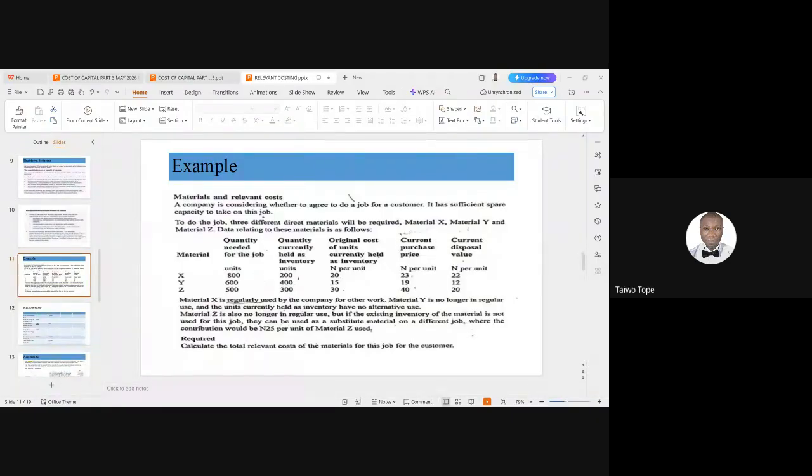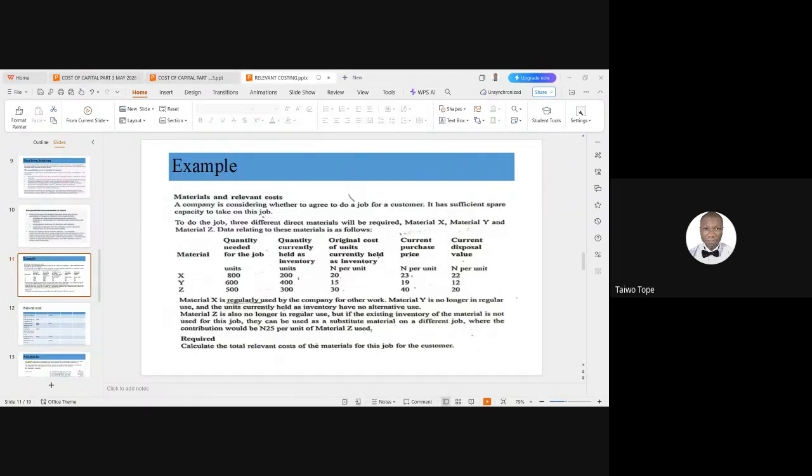Once you see this statement, material Y is no longer in regular use. The units currently held as inventory have no alternative use. What is that unit currently held as inventory? 400 units. If you are not using it for this production, what is the opportunity cost?